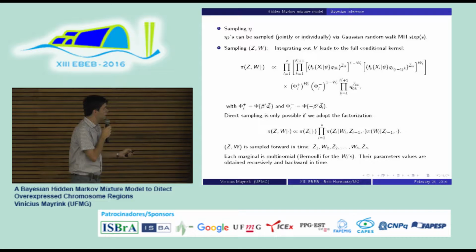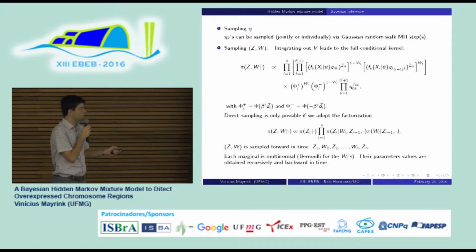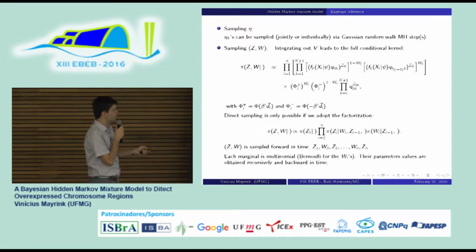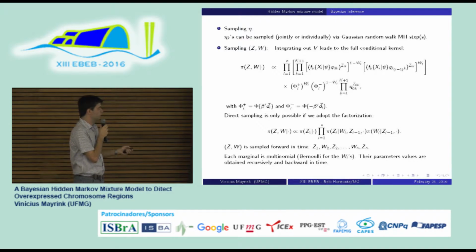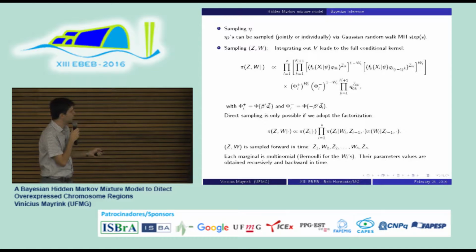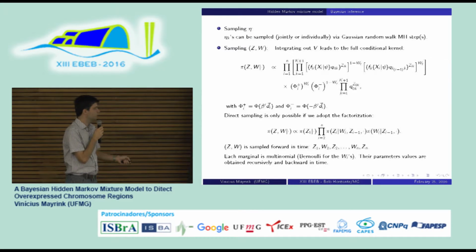The etas are sampled from Metropolis-Hastings with a Gaussian random walk proposal. And the more difficult step is to sample this Z, W here, which has this full conditional kernel. But we can use this factorization, which indicates that we can sample them through Bernoulli and multinomial distributions in this order, forward in time.